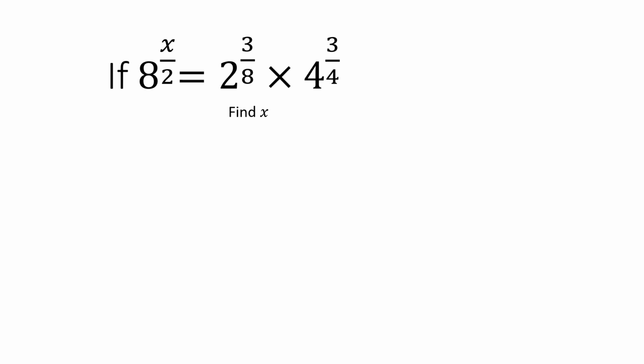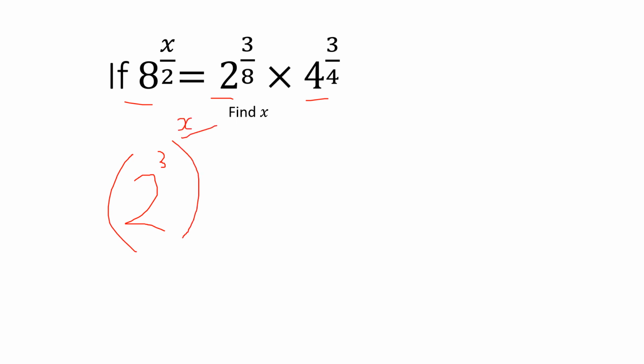Come back and press play and join me for the answer. So to find the value of x, I'm looking at some powers here. I can express everything as a power of 2. So 8 can be written as 2 to the power of 3, or 2 cubed, all to the power of x over 2.